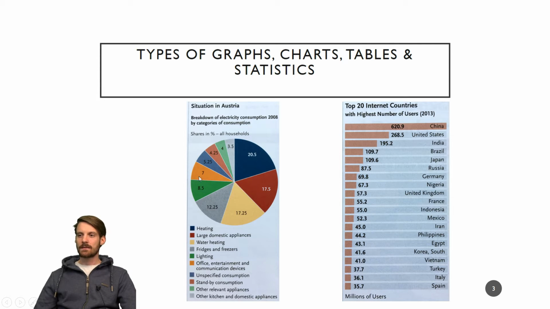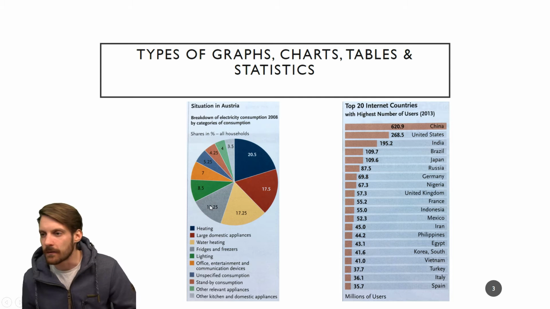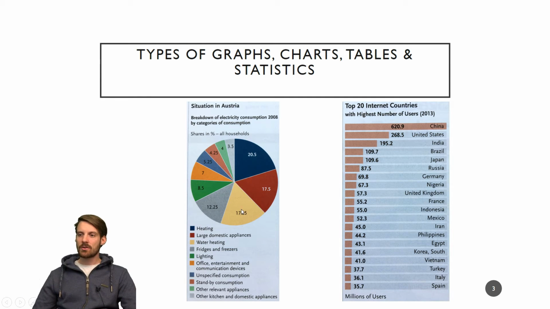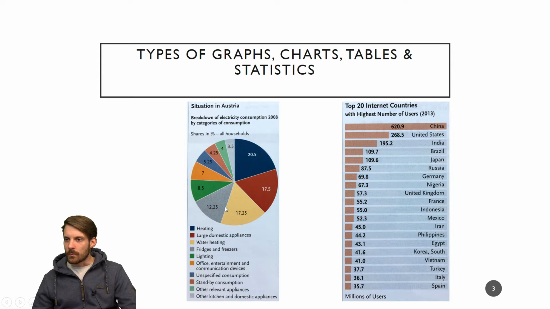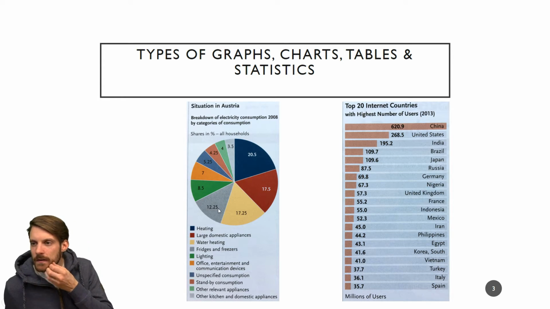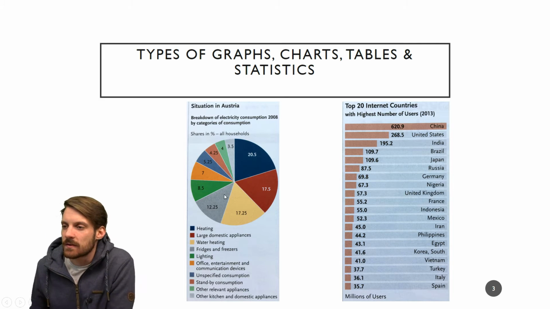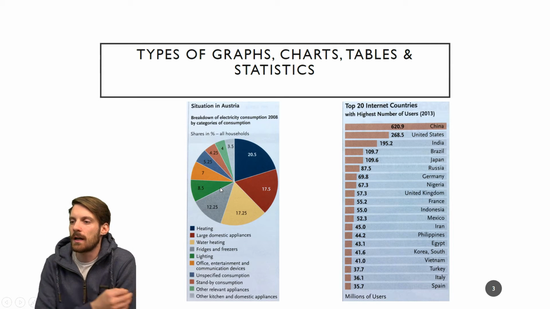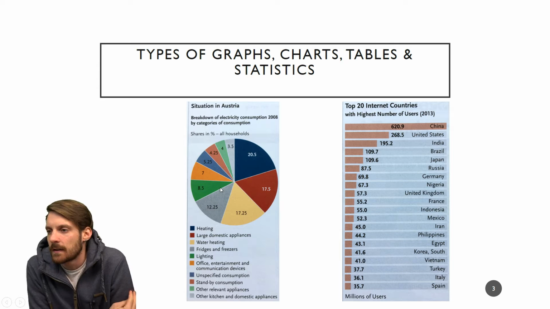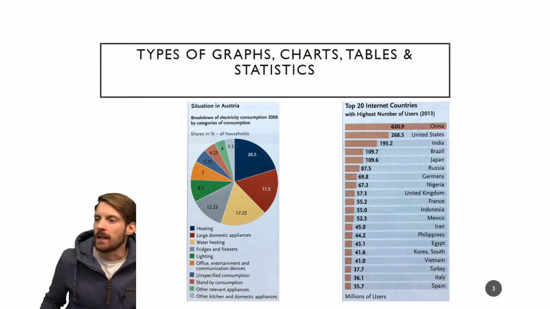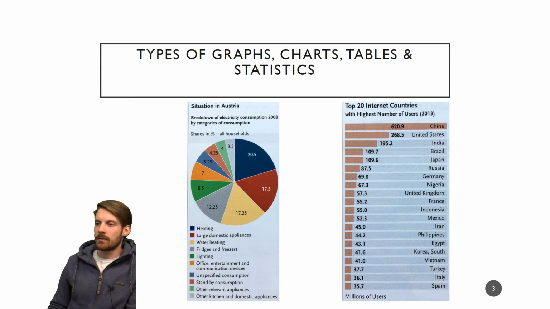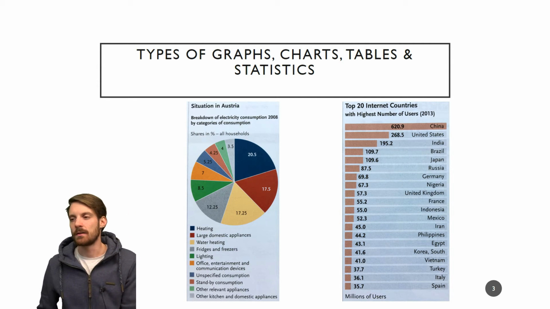In this case we have percentages. It's shares in percent of all households, which is here a breakdown of electricity consumption in 2008 by categories of consumption.